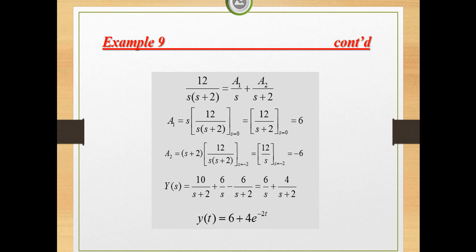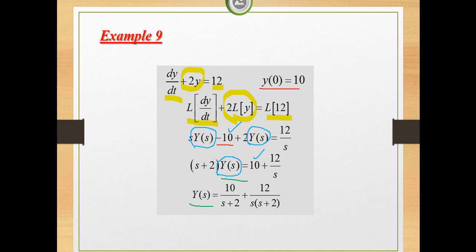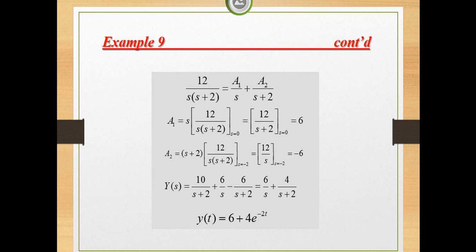Then your partial fractions written here, the 10 over s plus 2, and this one, which has two equivalent partial fractions, will now look like this: 10 over s plus 2 plus 6 over s, since a1 is 6, and negative 6 for the a2. Now, this has the same denominator, right?